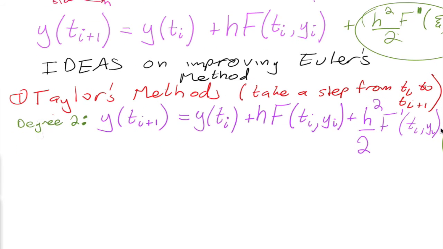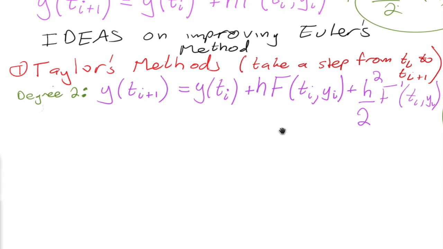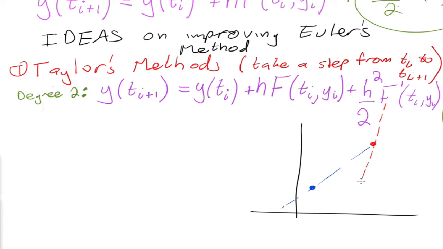Okay, so here's an idea. This is just one idea, not the idea or anything. You have a point here, and you find the slope. You approximate the slope at this point, and let's say it looks like that.